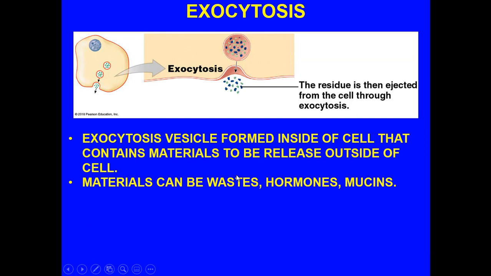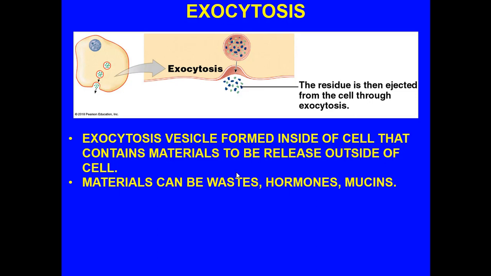Now, an exocytosis vesicle can be formed inside of the cell that contains materials to be released outside of the cell. For example, not only are you talking about materials such as the release of waste, but hormones, mucins. Later on, we're going to talk about the goblet cells. Goblet cells basically are single cells that produce mucins.